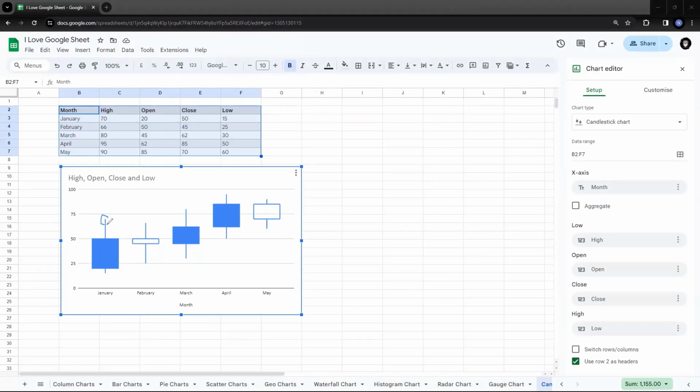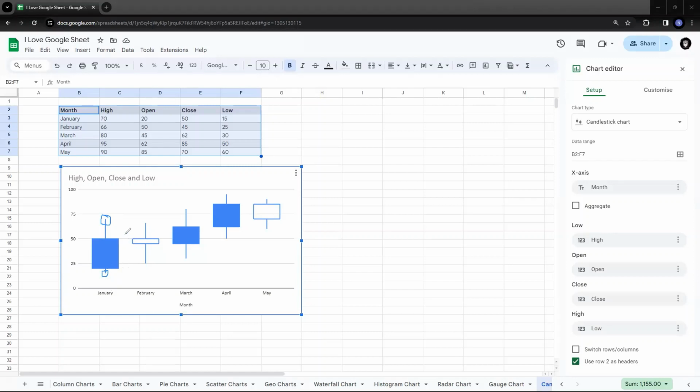This particular tip of the chart is called the high. It is the highest amount that the value had in January, so it is at 70, as you can see above. The tip of the candlestick at the bottom is the lower value.